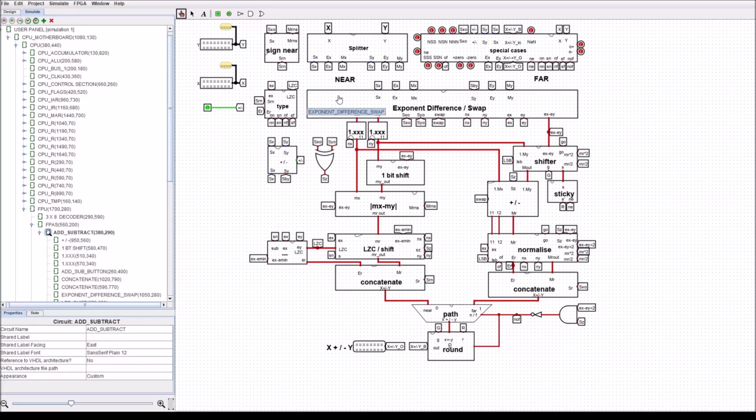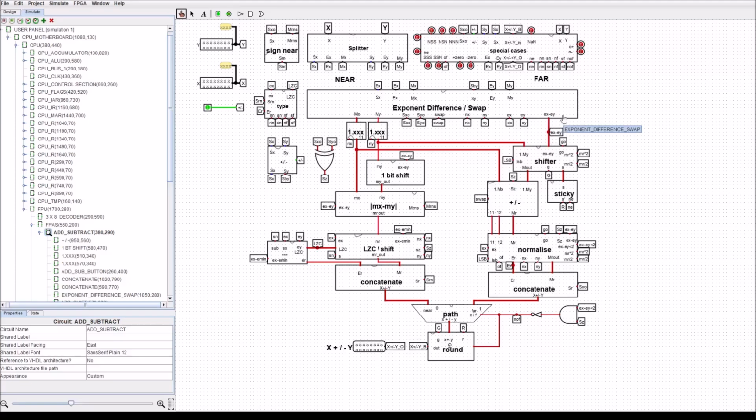So this is the dual path architecture with the near and the far path. You can see here there's a few extra items that we didn't see in the schematic. So for example, we've got the addition of 1 for the hidden bit in the mantissa. We've got some stuff here on the special cases, and we've also got the splitter here, which splits the inputs into the sign, exponent, mantissa, and there's a few other sundry items.